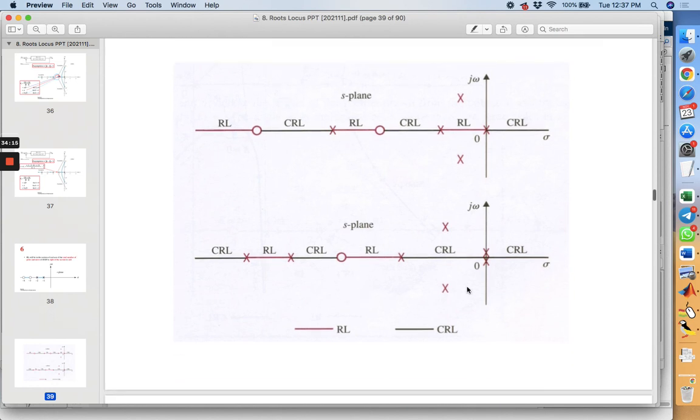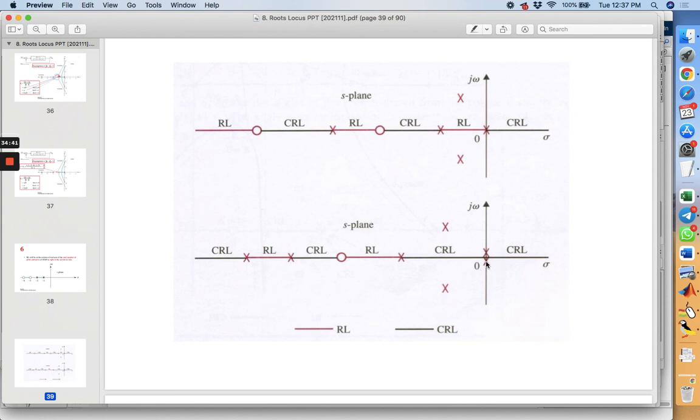In this example, this location is either a complex conjugate or it means we have 2 poles at the same location, which in this case is s squared, so s at 0 and s at 0.